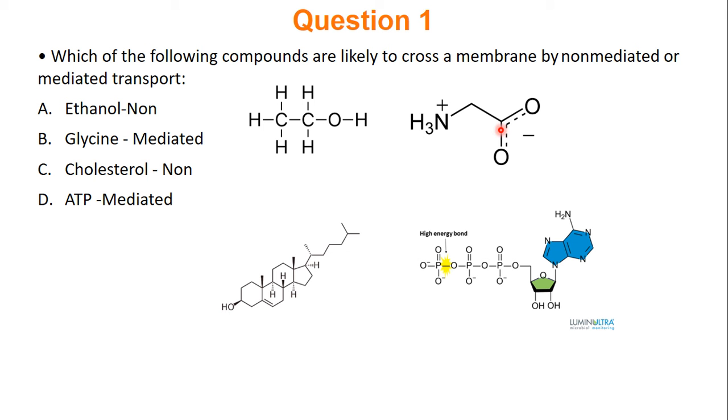So if glycine was in the lipid bilayer, these charges would have nothing to interact with, and that's very energetically unfavorable. So you need a transporter for glycine. Cholesterol is all hydrophobic for the most part, so you do not need a special transporter. So that's non-mediated. ATP is highly charged and a big molecule, so you definitely need something to bring that across the membrane, so mediated.